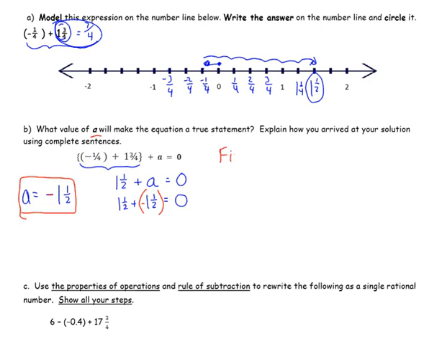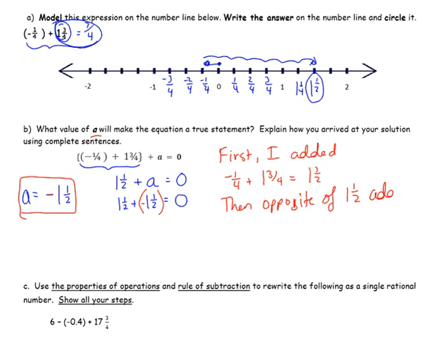And then it says, explain how you arrived at your solution. So first, I added negative 1/4 plus 1 3/4. And that answer is 1 1/2. Then the opposite of 1 1/2 added to 1 1/2 will equal 0.